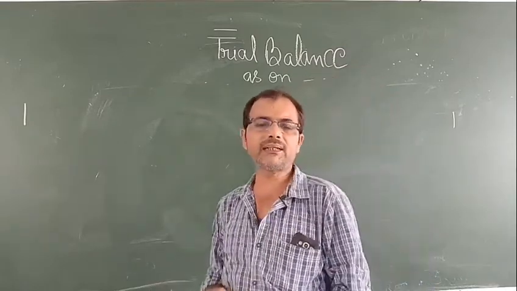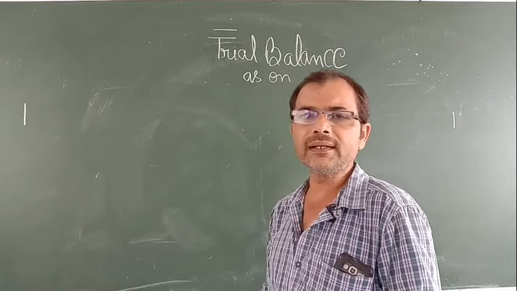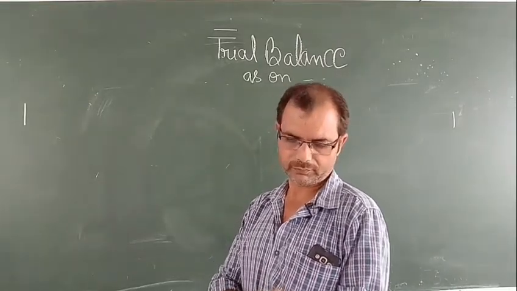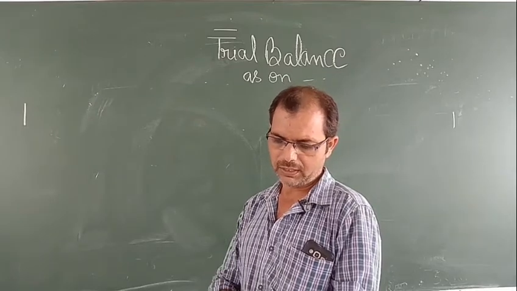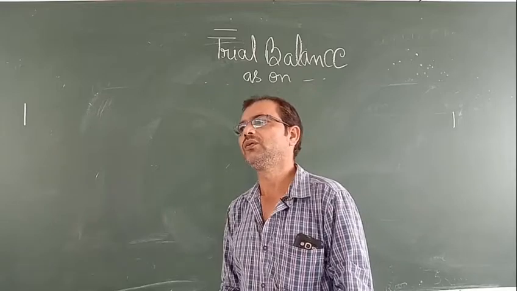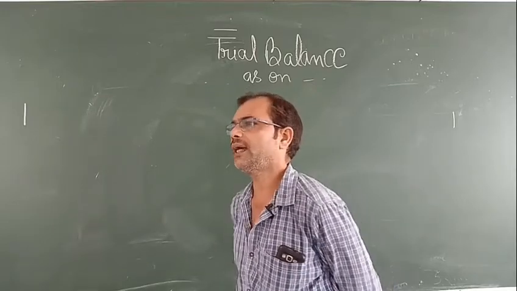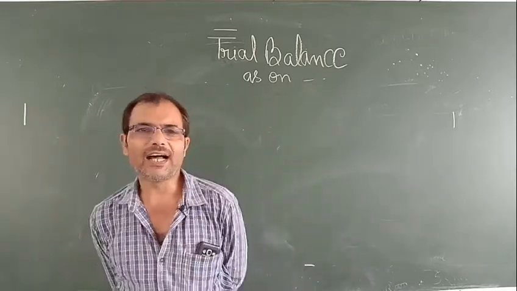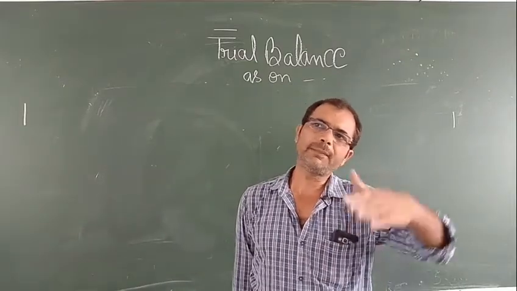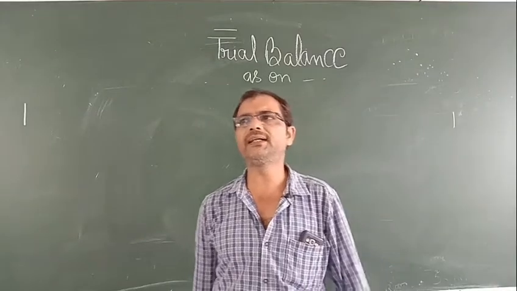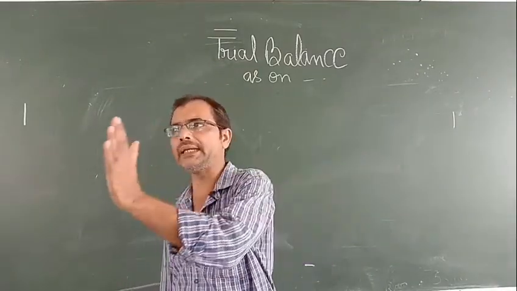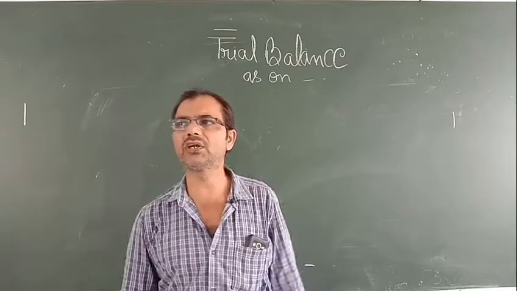Now we will understand the trial balance by taking an example or a question. First of all, we should know, after making the journal, we prepare ledger accounts, and after making the ledger accounts we create the statement that is called trial balance.